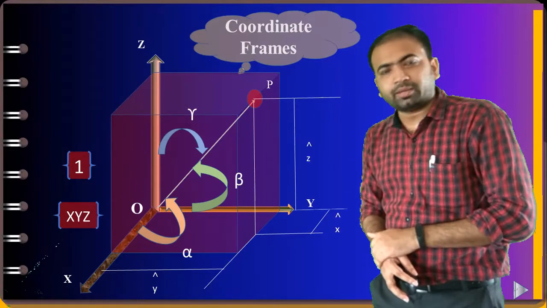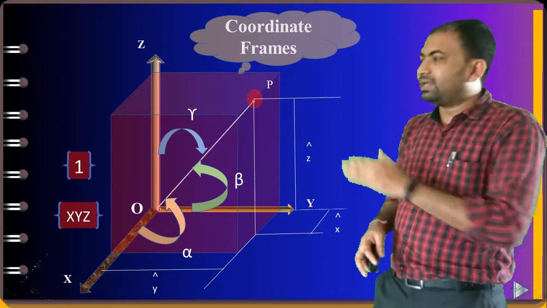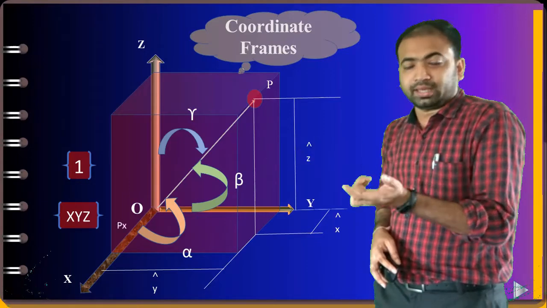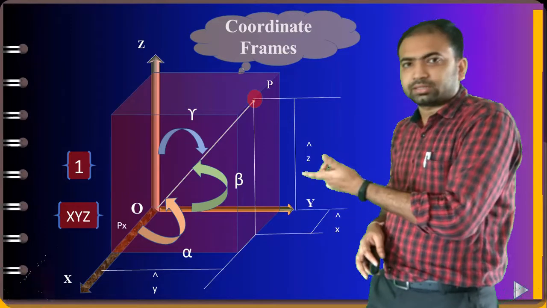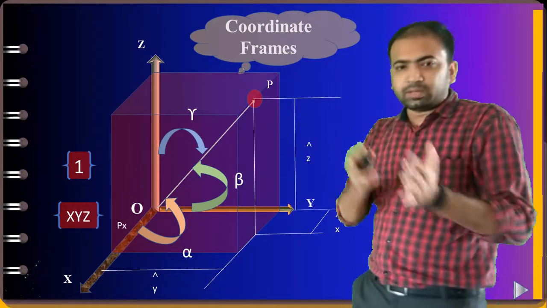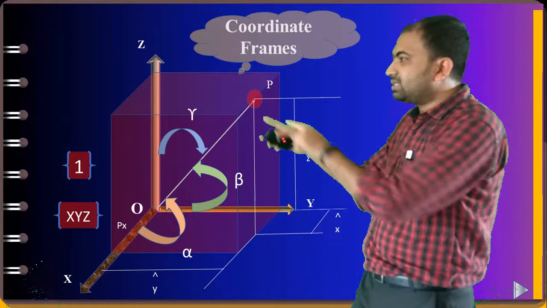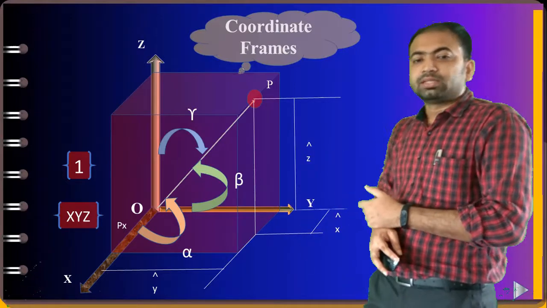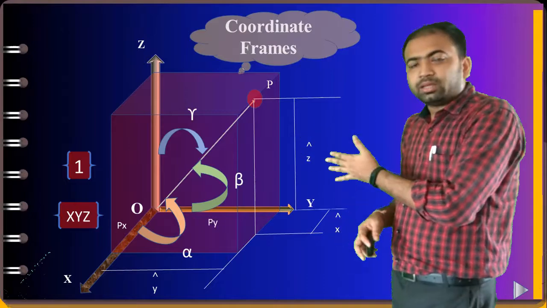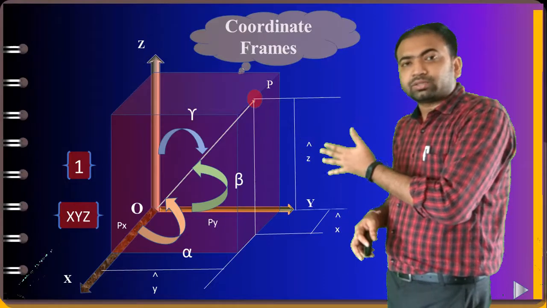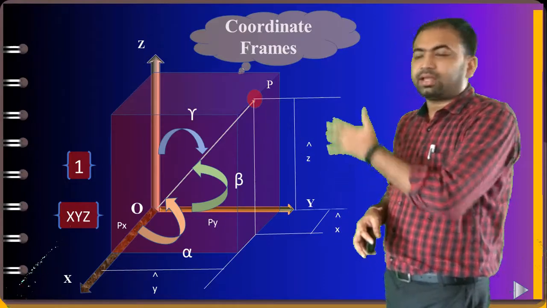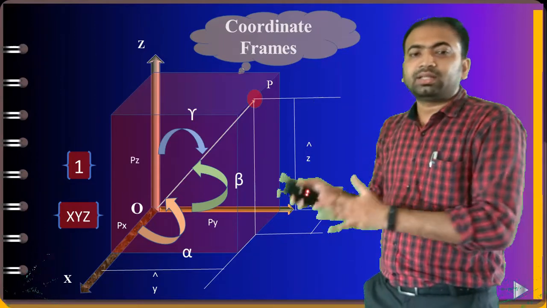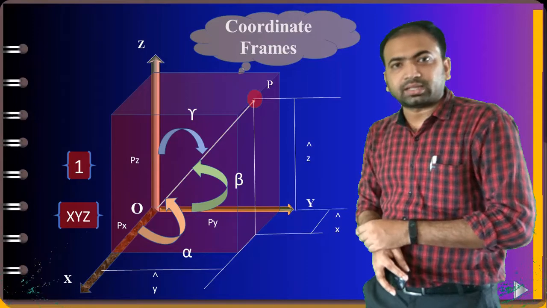Now we have given fx, or px, we can say fx or px, if the point is P. So px is along the x direction, and that will show the direction cosine. Second, fy or py will give the direction cosine along the y direction, and another one, fz or pz, will be the direction cosine along the z direction.